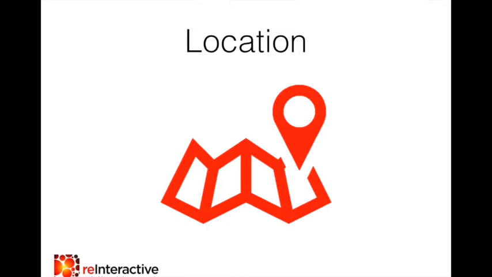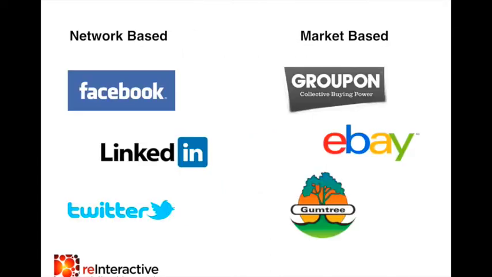Network-based products are things like social networks, where you're bringing a number of users together that are of similar nature, and you're trying to connect them and build value by creating that network. A market-based product is where you're trying to bring different groups of users together so that they can trade. We're thinking buyers and sellers, like with Groupon or eBay or Gumtree.